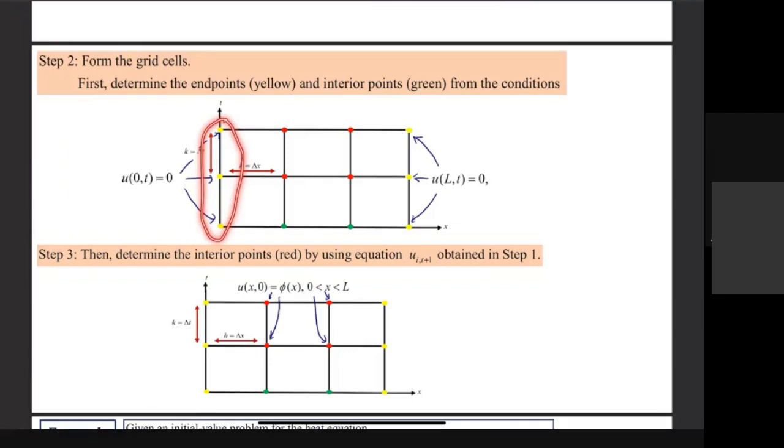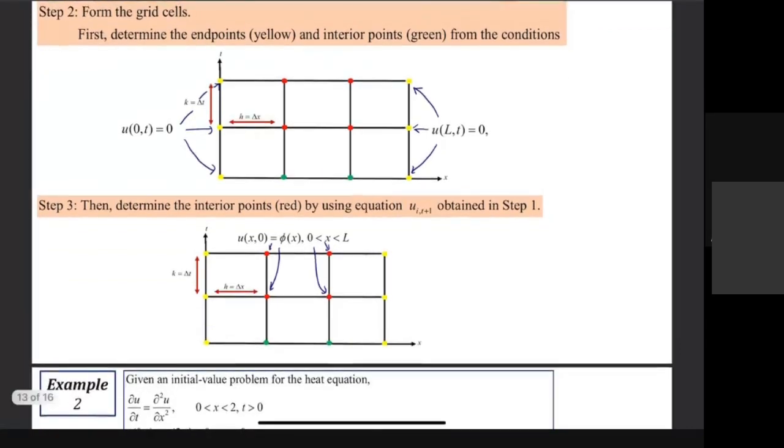First, we determine the yellow points. Next, we determine the green points here. We determine the green points by using this condition, u x0 and v x. And then the green points come from the initial temperature.